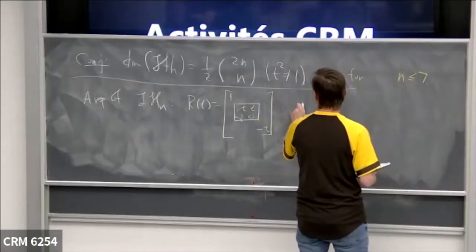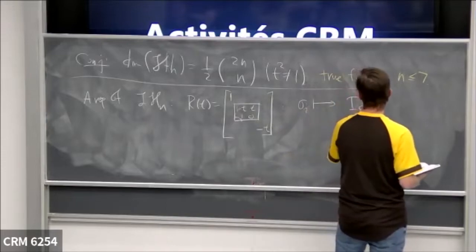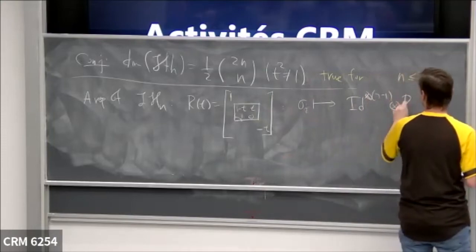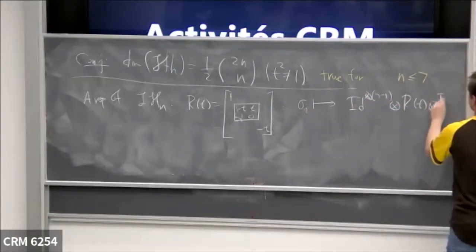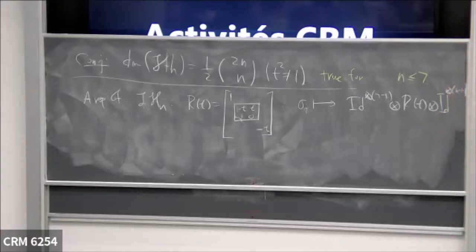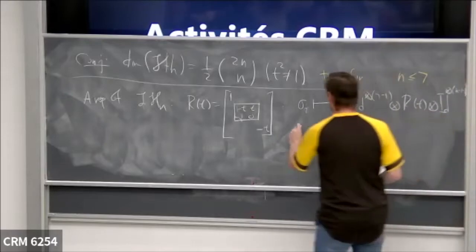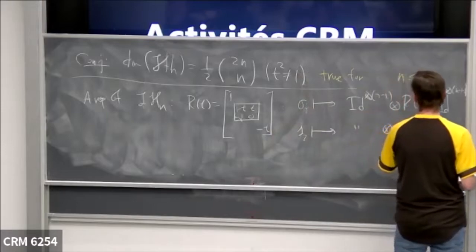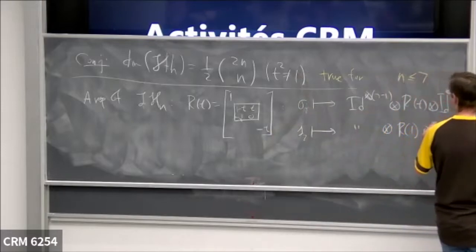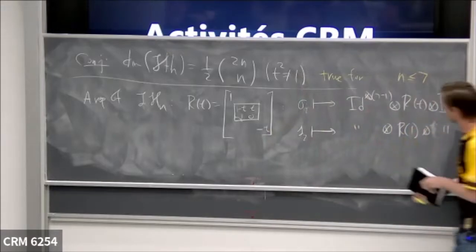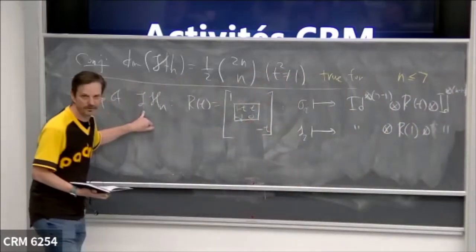And then if you send sigma i to the identity tensor i minus 1 times tensor R of t, tensor the identity the right number of times, and you send s_i to the same thing, but evaluate R at 1. Right? Same thing. This does the job. This is a representation of the loop braid group and factors over the loop Hecke algebra.